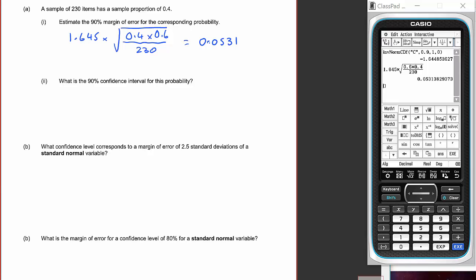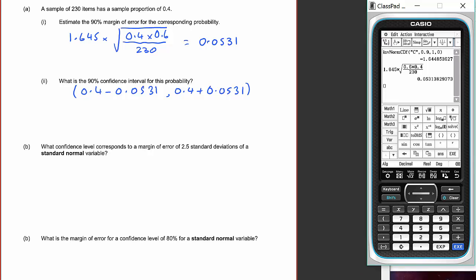And the 90% confidence interval, well, that's going to be 0.4 take away 0.0531 and 0.4 plus 0.0531.